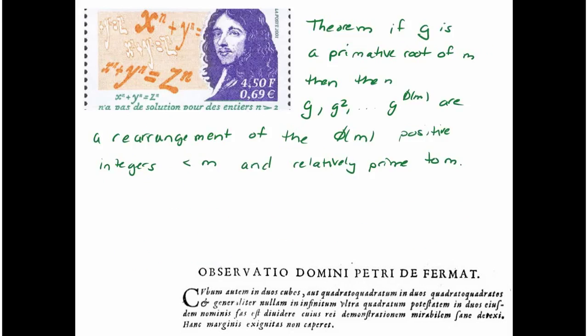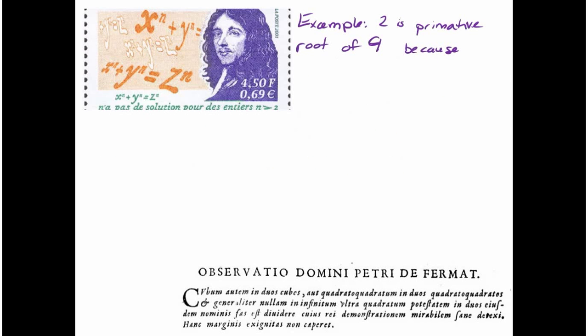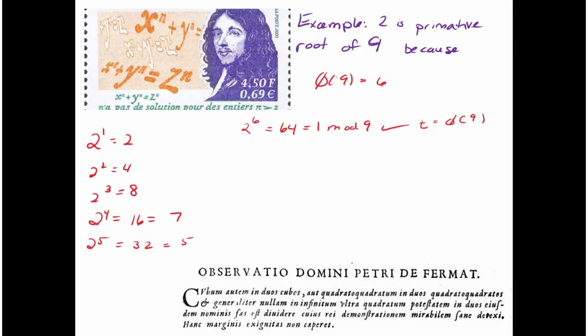So what is this rearrangement all about? Well, if g is a primitive root of m, then the numbers you get when you take g and raise it to a power are just a rearrangement of the phi of m positive integers that are smaller than m and relatively prime to m. So for example, 2 is a primitive root of 9, first because phi of 9 is equal to 6 and 2 to the 6 is congruent to 1 mod 9, so the order is equal to phi of 9.